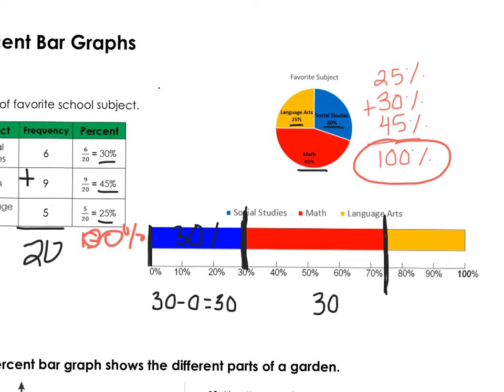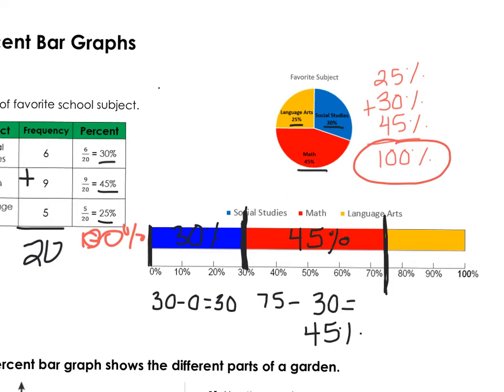So I would take 75, the ending number, and subtract the beginning number. And 75 minus 30 is 45.